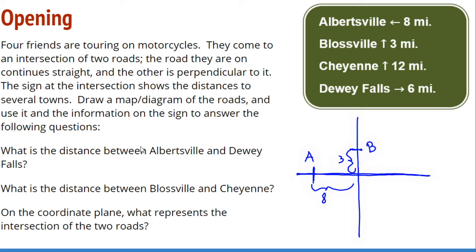It says if I go straight ahead 12 miles, I end up at Cheyenne. And it says if I go right and go 6 miles, I get to Dewey Falls.